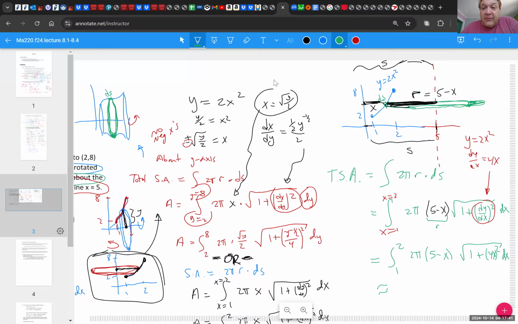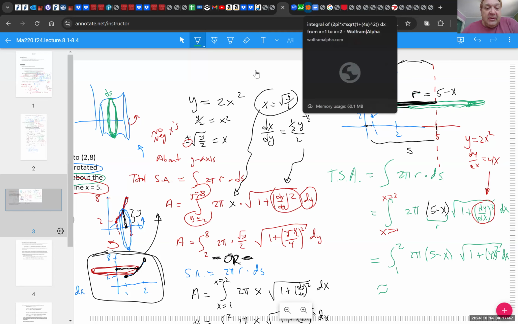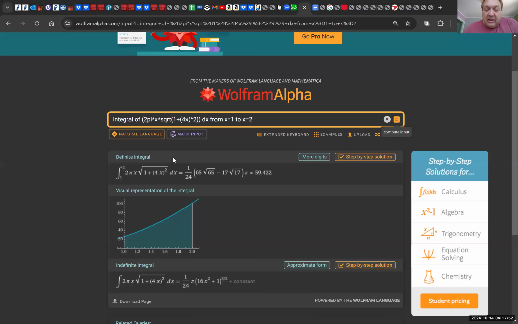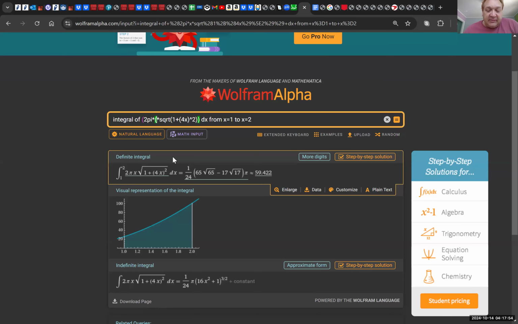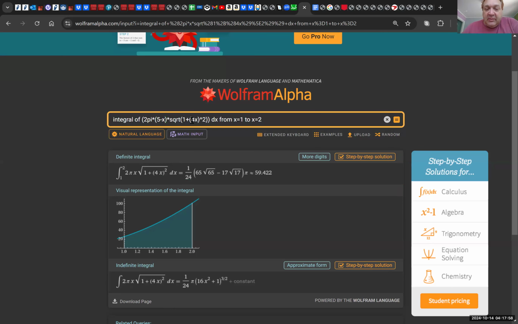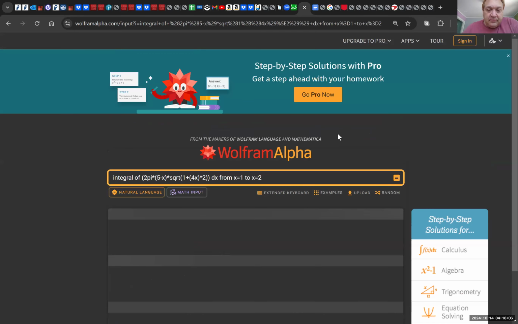All right, so let me get a number for you folks who want numbers. 2 pi, we got 5 minus x, and we got the same square root thing. So I think I can just change my thing right here. 2 pi, instead of x, I'm going to have 5 minus x, because my radius changed to 5 minus x. And then I still have that square root, 1 plus 4x squared, and it's still going from 1 to 2. So all I do is just change to 5 minus x there, and I'll do my computation.